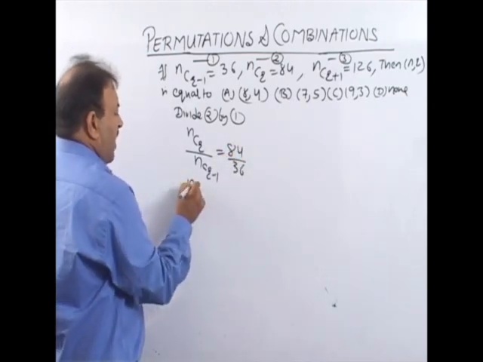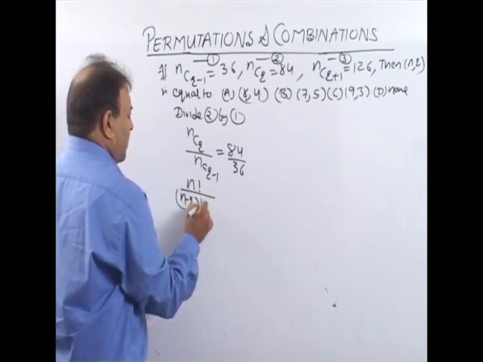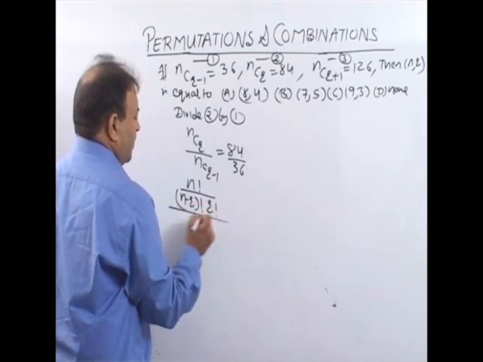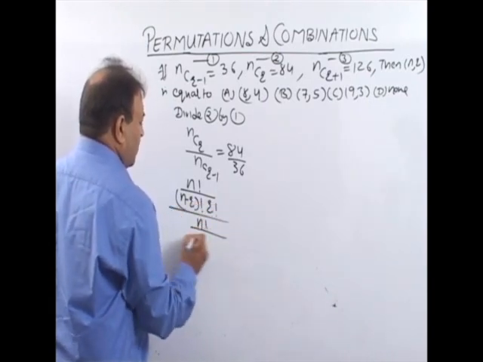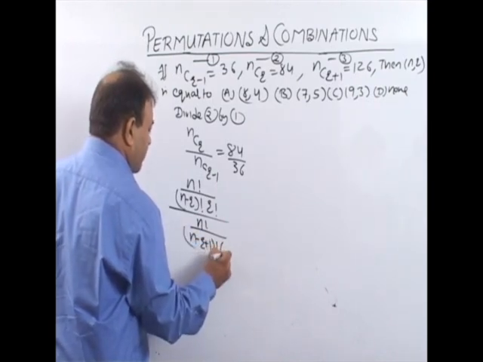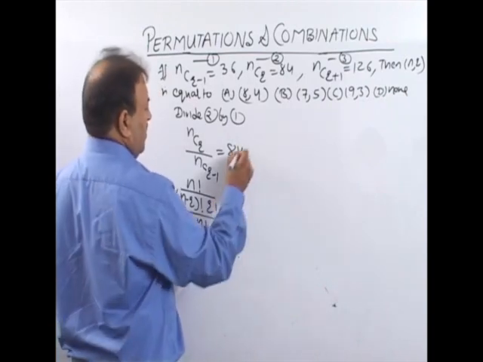And I just expand it: n factorial upon n minus r factorial into r factorial upon n factorial, n minus r plus 1 factorial into r minus 1 factorial.